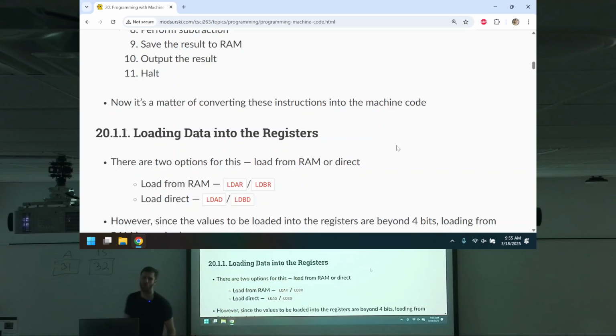With load A direct, we can load values in there, but the values can only be between 0 and 15, unfortunately. Well, for better or worse. I want to load 31 and 32. I can't do it. So I'm going to store those values in RAM and load the data in.